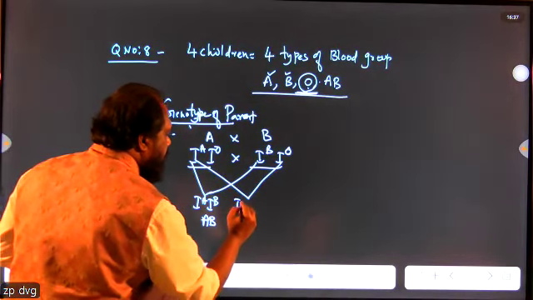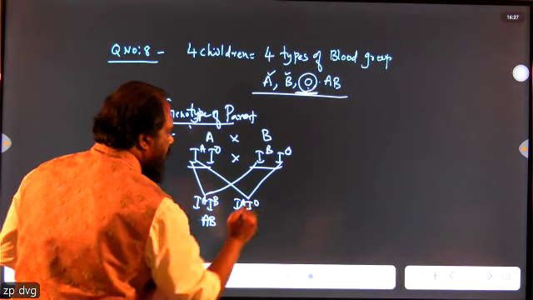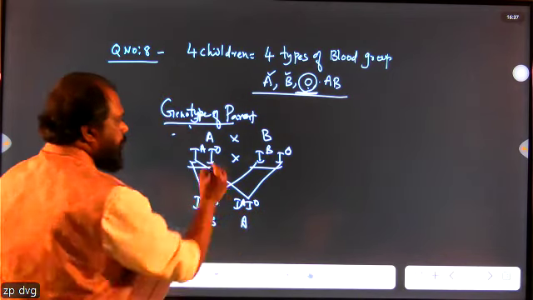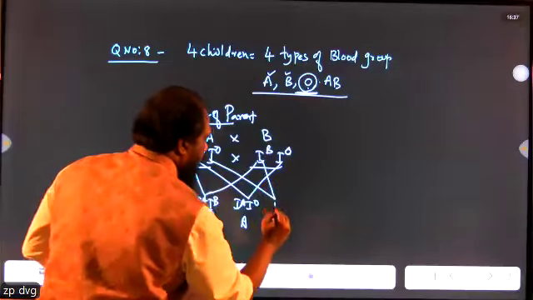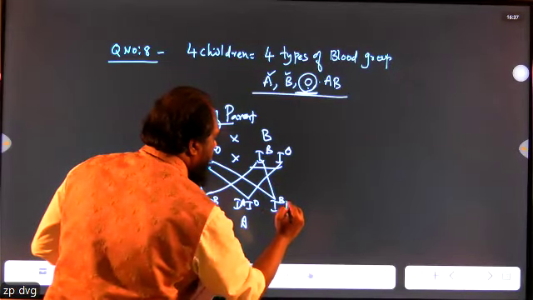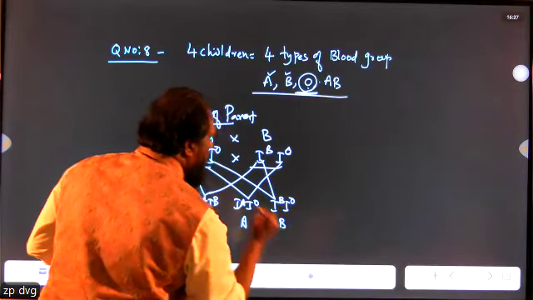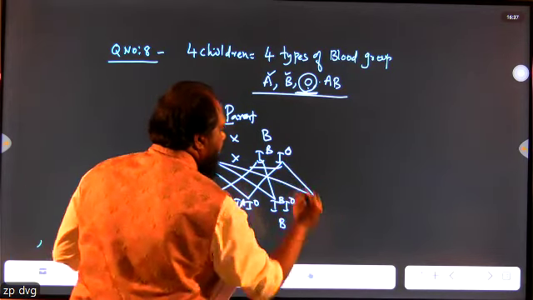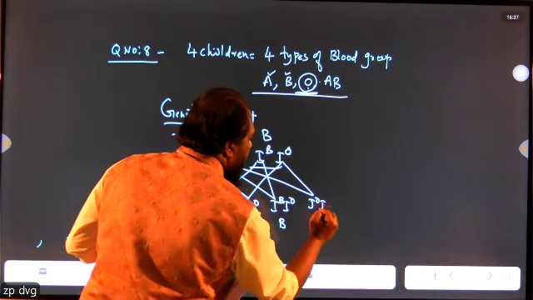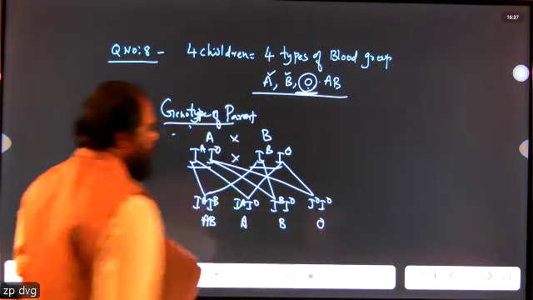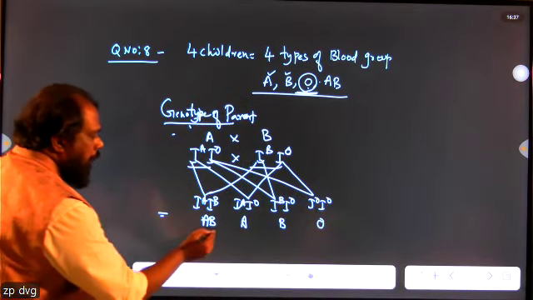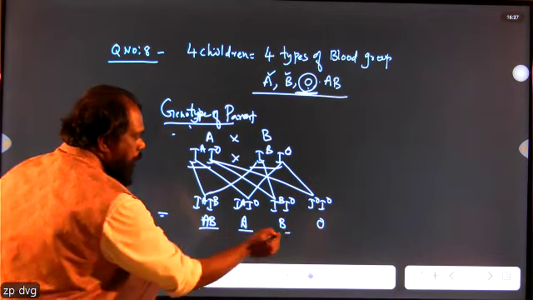IAIO, A blood group. IBIO, B blood group. IOIO, obviously O blood group. That means the offspring have AB, A, B, and O.